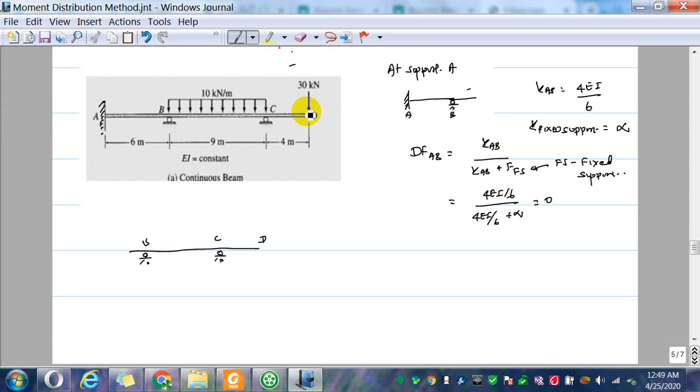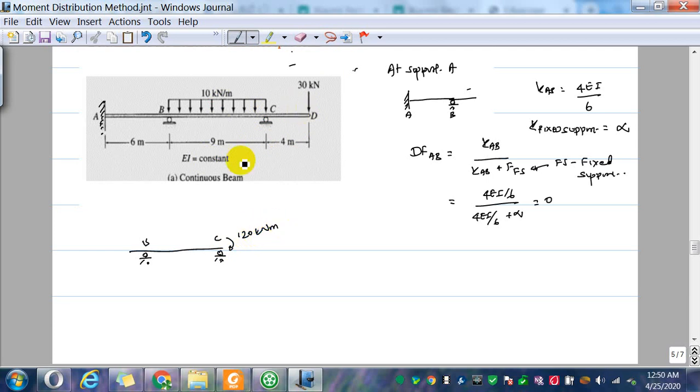So one way to approach this is by converting that 30 times 4 into a moment and transferring it to C. CD is replaced by a moment acting like this, 120 kilonewton meter.